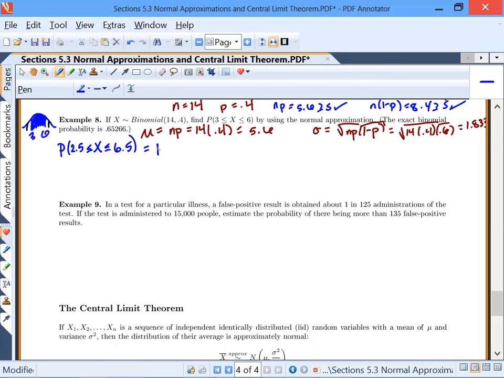So we need to standardize. So to standardize, we take our first value of 2.5 minus the mean of 5.6, divide by the standard deviation of 1.833. So that will be less than or equal to x minus the mean over the standard deviation, less than or equal to, and do it to my second value, 6.5 minus 5.6 over my standard deviation of 1.833.